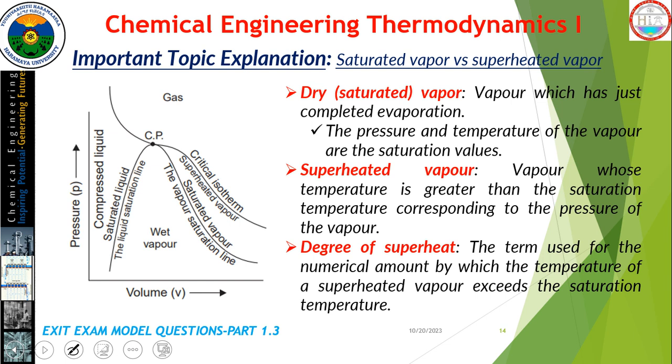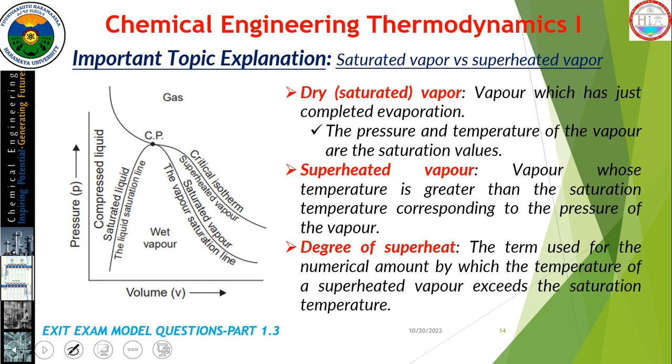This topic focuses directly on pure substances, explained using the PV diagram: saturated vapor versus superheated vapor. The dry or saturated vapor is a vapor which has just completed evaporation. Complete evaporation is considered dry or saturated vapor.